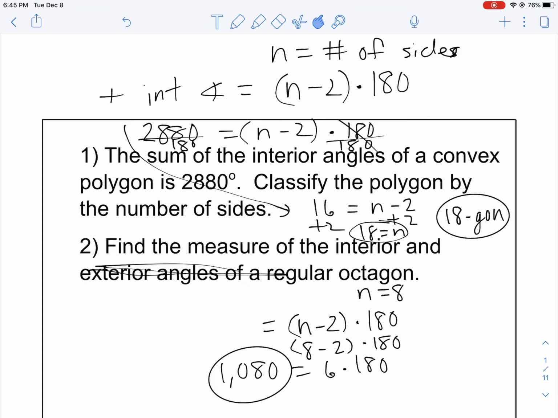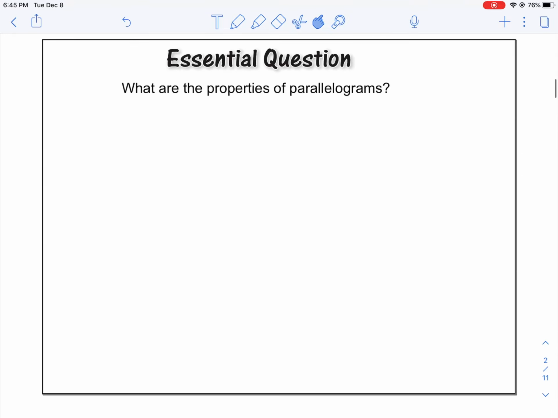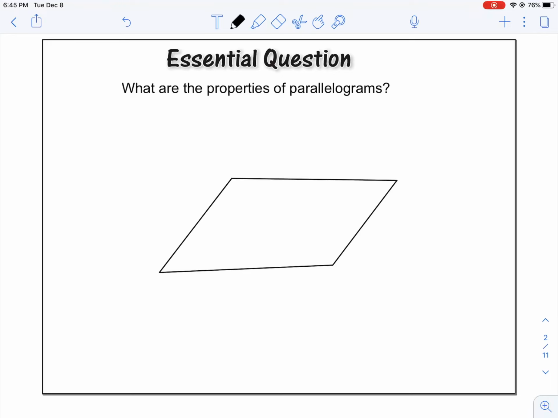Now today, we're going to be learning about parallelograms and the properties that they have. So what are the properties of a parallelogram? Well, first, what's a parallelogram? Well, it's a quadrilateral that has a pair of parallel sides. And just a reminder, to mark our parallel sides, we put little arrows.